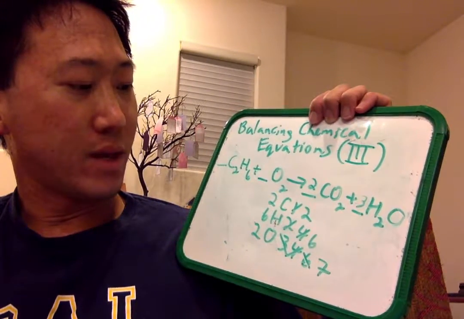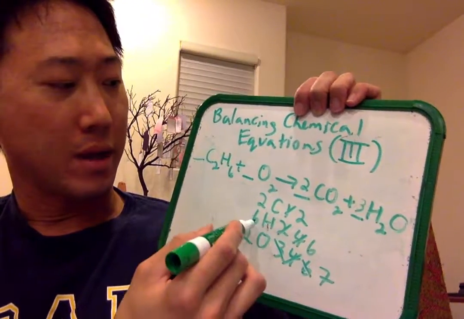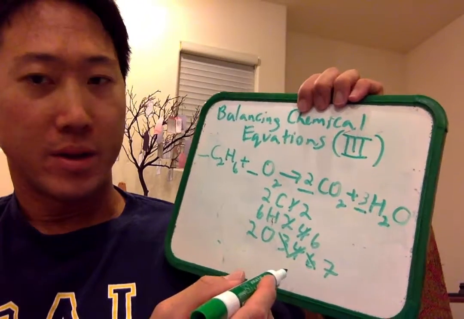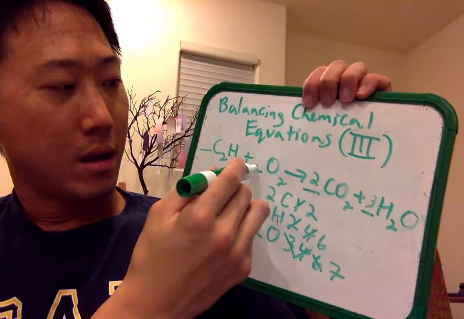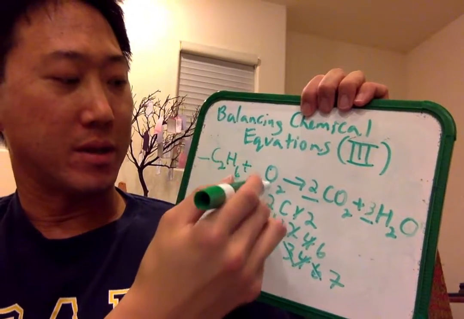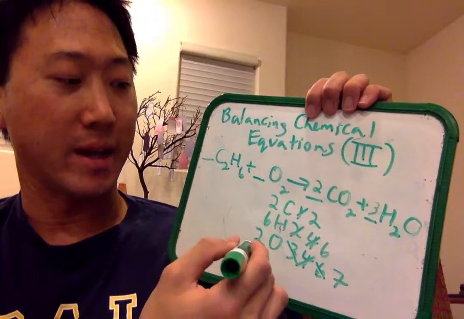Okay. Well, let's try balancing. Well, you notice that the carbons are balanced and the hydrogens are balanced. The only thing that's not balanced is the oxygen, right? But notice that on the left side, if I put an even number here, this is only going to be even. If I put a 2 here, that's going to be 4. If I put a 3 here, that's going to be a 6. If I put a 4 here, that's going to be an 8, right?